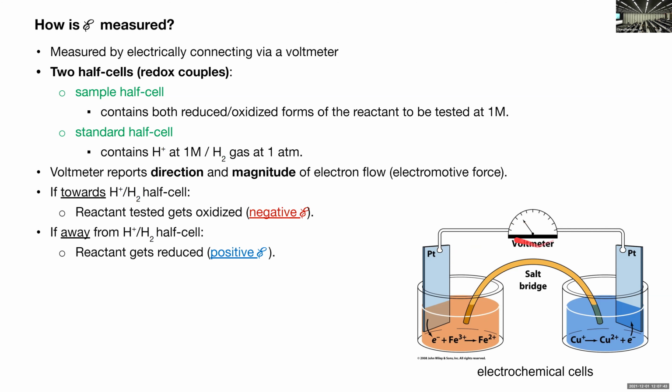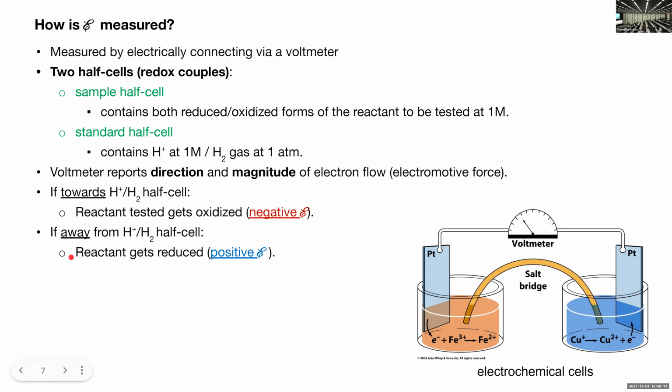And this voltmeter reports the direction and magnitude of electron flow, which is driven by the electromotive force. Depending on where the reduction happens, it'll attract the electrons, right? So the oxidized reaction should give up the electrons, which go through the voltmeter and give a certain value there.